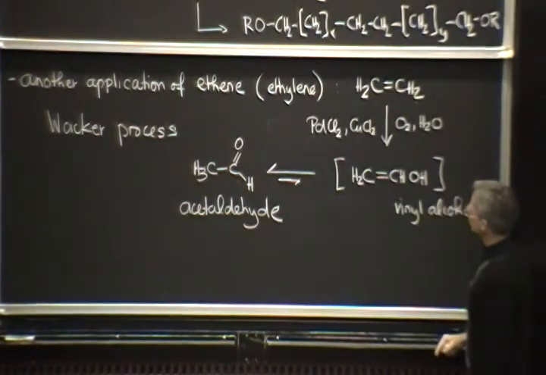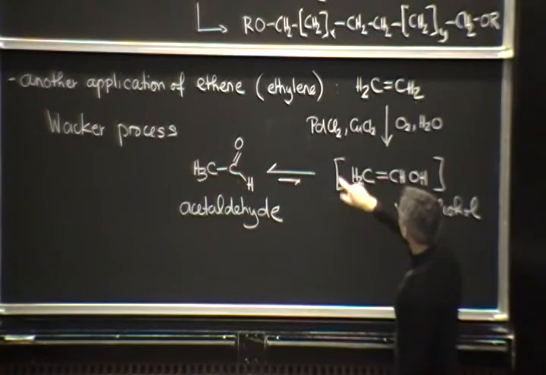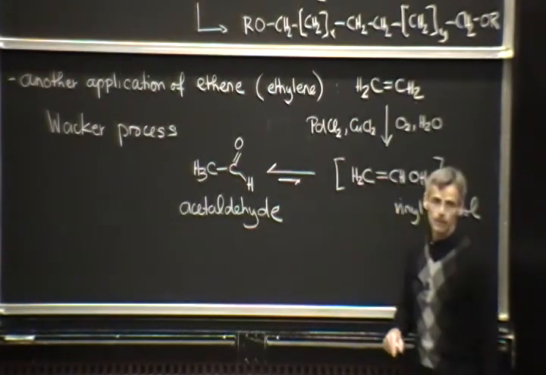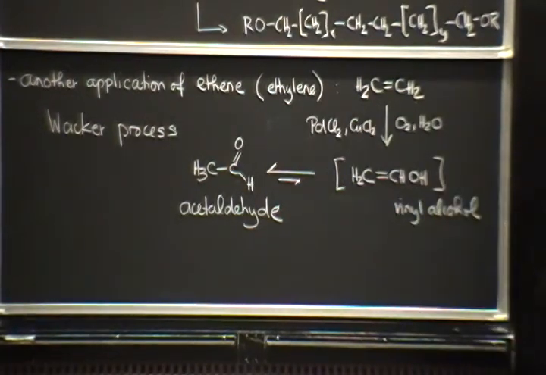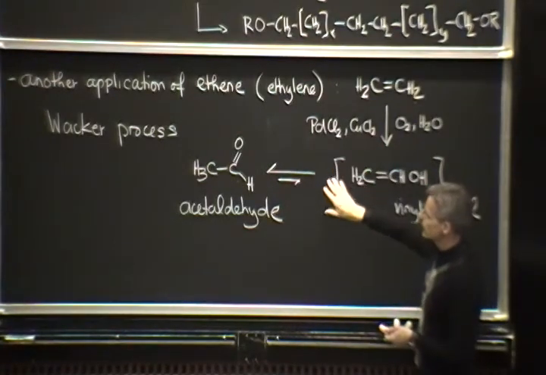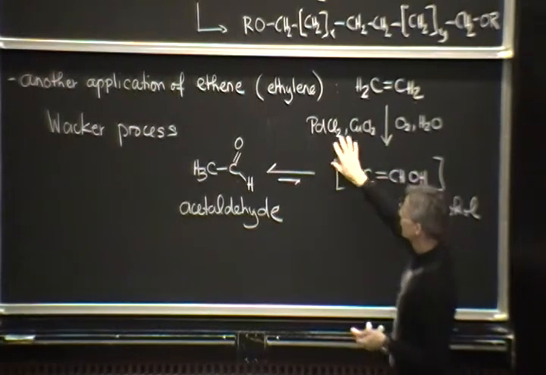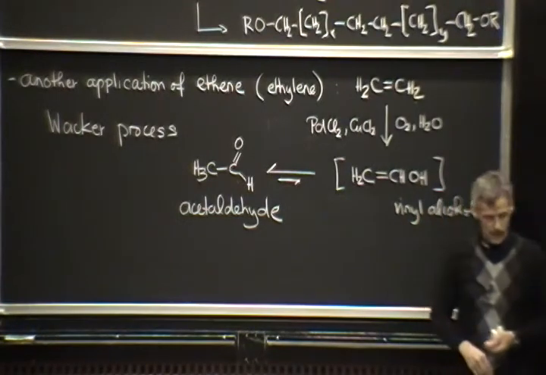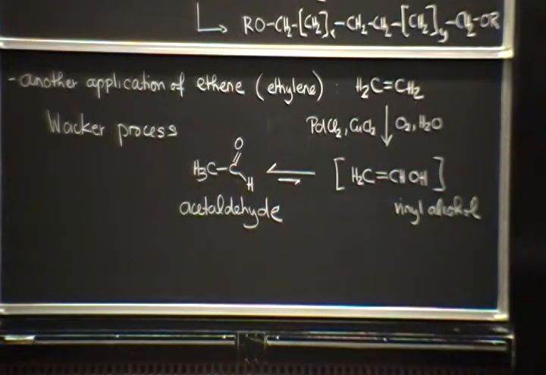So it is a catalytic process, and it requires the presence of two metals, and both metals have a specific function. So the reaction doesn't work all that well if you leave out palladium or leave out the copper. You get very low yields, lots of side products if you don't have both catalysts present in the reaction.